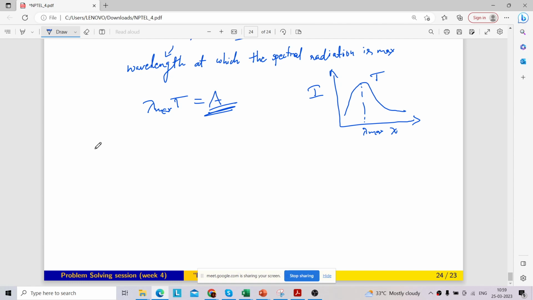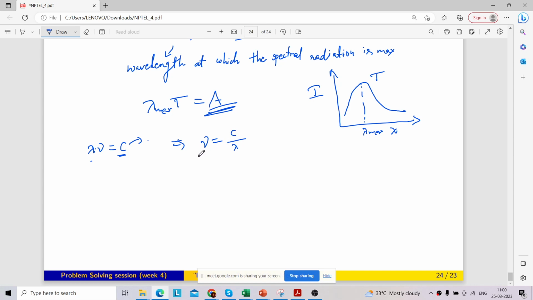For an electromagnetic wave, we have a relation: lambda times the frequency is the speed of this wave. As it is electromagnetic radiation, its velocity will always be the velocity of light. So from this I can get a relation in terms of frequency: nu is c over lambda.